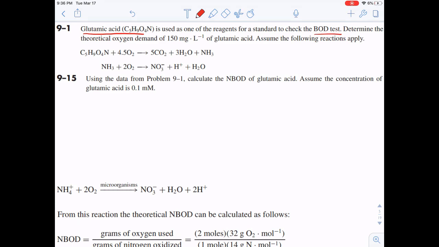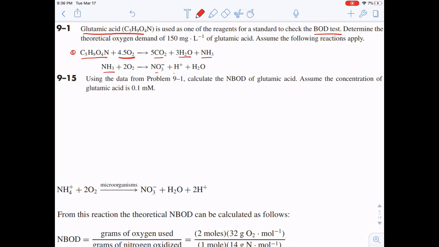From these reactions, let's look at how the glutamic acid is consuming oxygen. From this first reaction, we can see that each mole of glutamic acid is going to consume 4.5 moles of oxygen, and it generates carbon dioxide, water, and also ammonia.